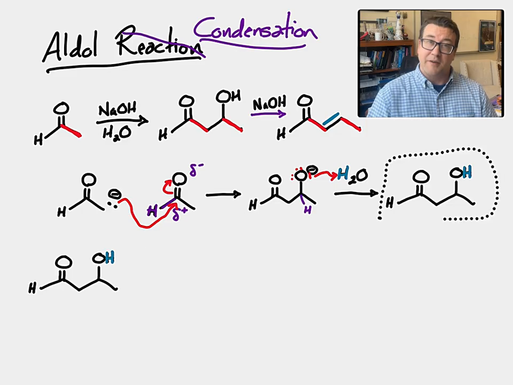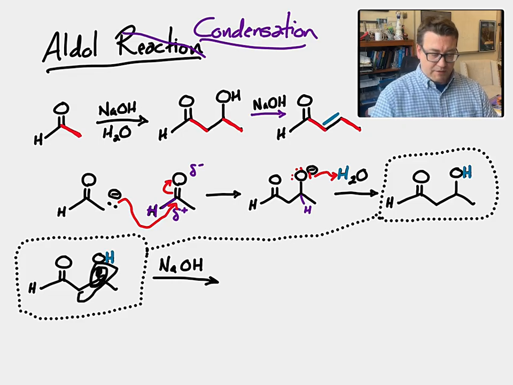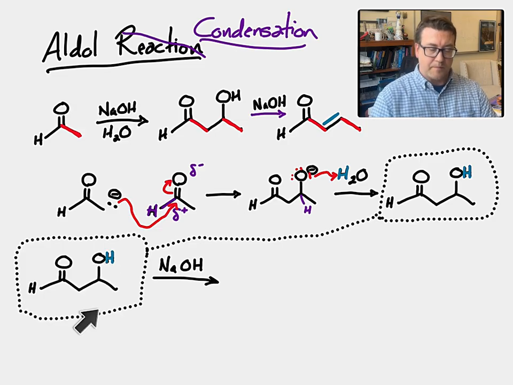And these alpha-beta unsaturated carbonyls are more stable than the products because having conjugation in a product is a stabilizing feature. So let's look at how this occurs. You take your alcohol and you now deprotonate it with the base.